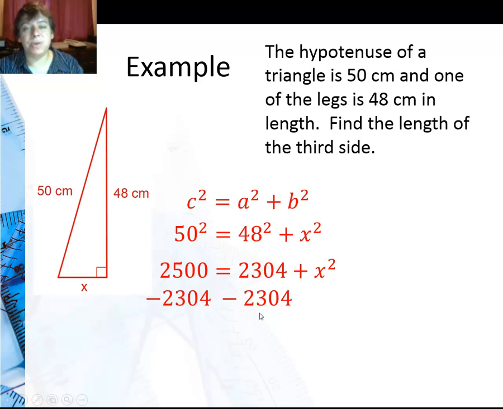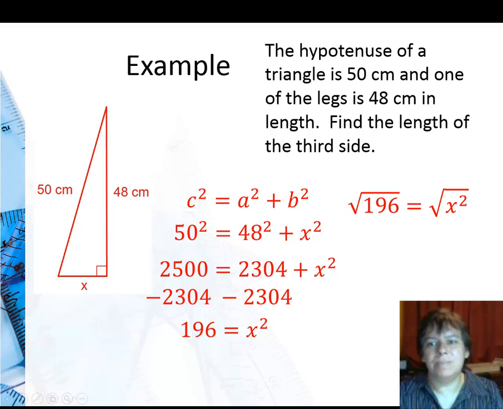Subtract 2,304 from both sides, and I get 196 is x squared. Now this side is not 196 centimeters long. I still have another step to do. I need to take the square root. And the square root of 196 is 14 centimeters. So 14 centimeters is the shortest side.